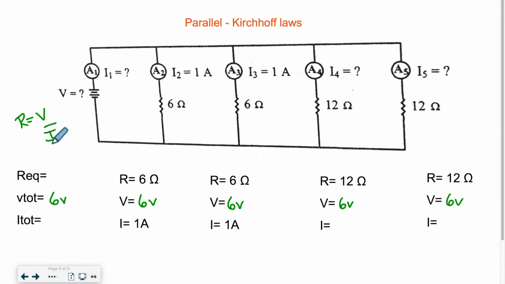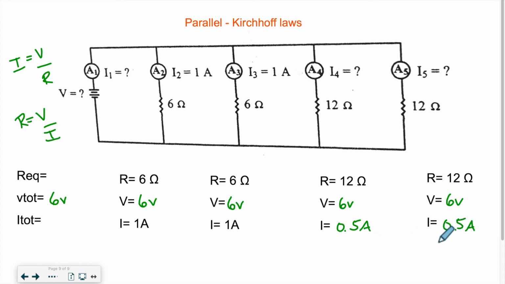So I is equal to V over R if I rearrange my equation. So V divided by R, so 6 divided by 12 will give me 0.5 amps. And this one as well will be 0.5 amps.